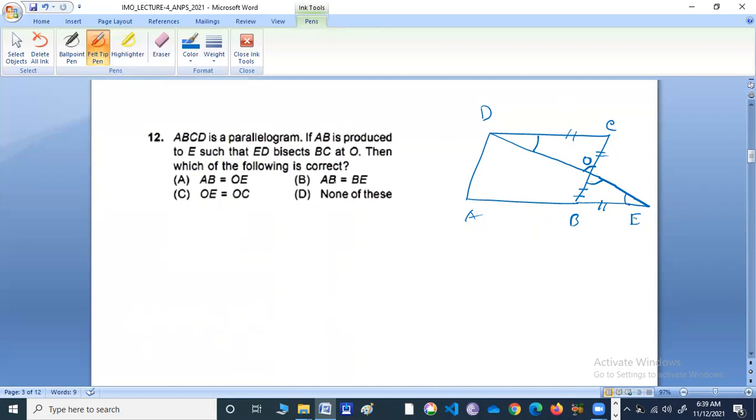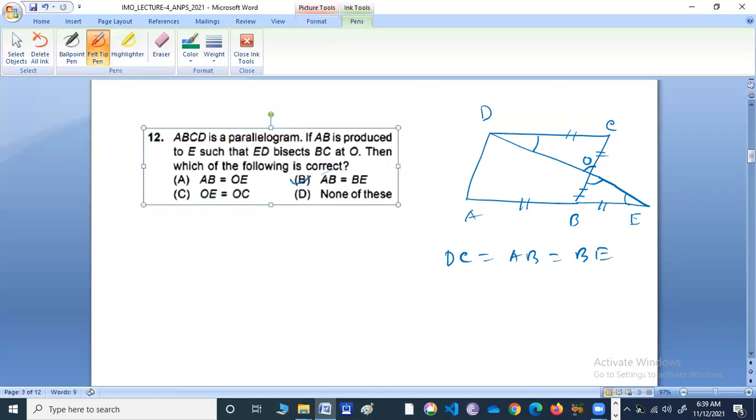No. AB is equal to BE. Yes, this is true. Because why? DC is equal to BE and DC is equal to AB. So DC is equal to AB is equal to BE. Therefore, what is our option? The option B is correct. Okay, good.